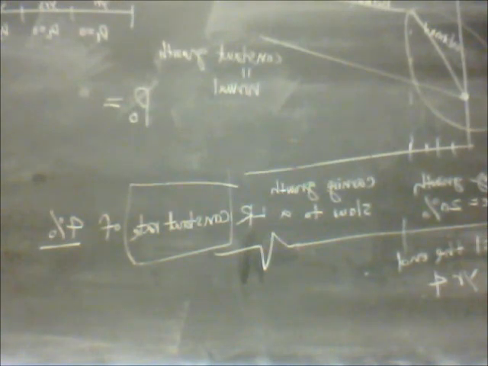We need to calculate present value. How to calculate present value? 1 plus R, the discount rate, 8%. So what's the price today?